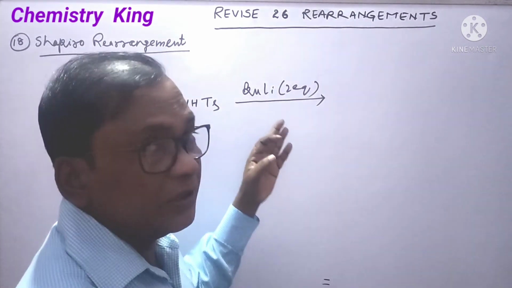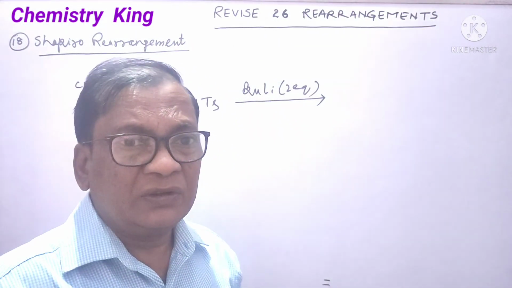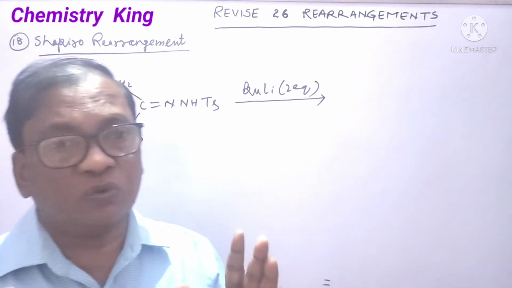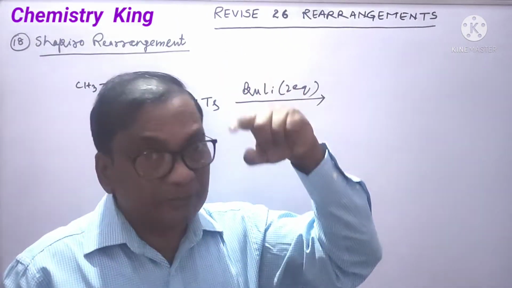When you see butyl lithium and two equivalent anywhere, you should conclude that it is Shapiro rearrangement.